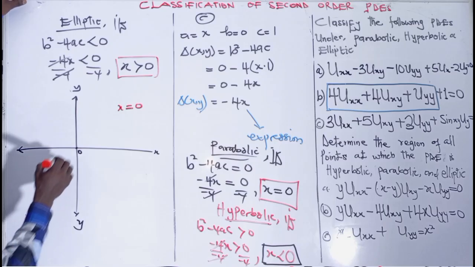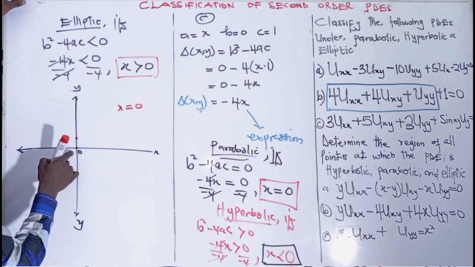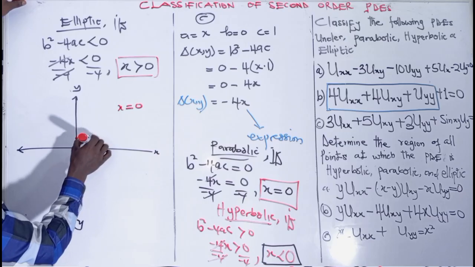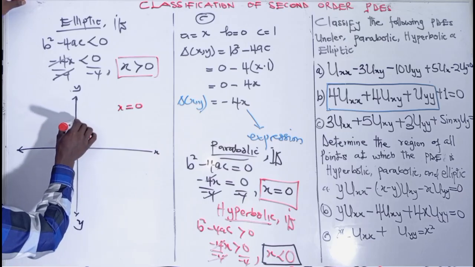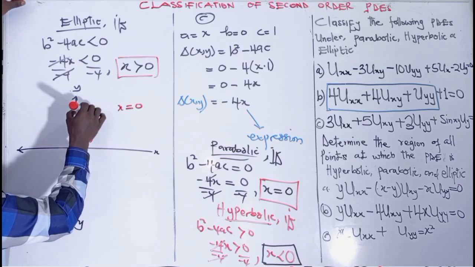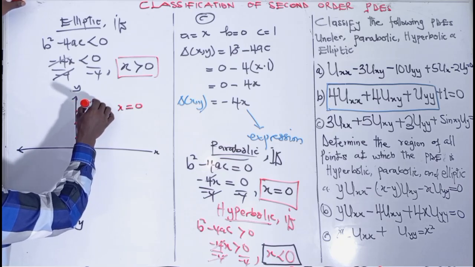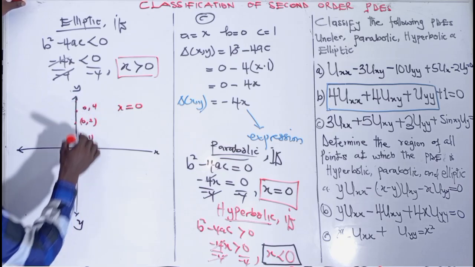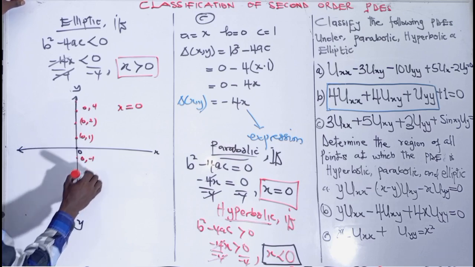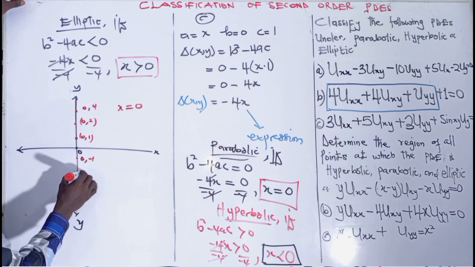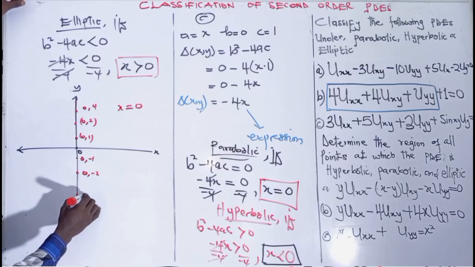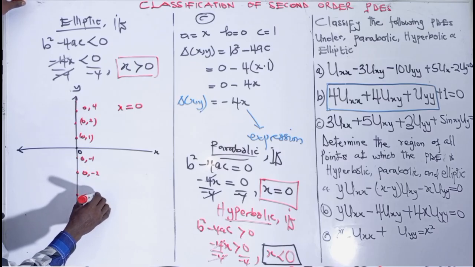When we pick a point here, we have 0, and then let's say 1. When we pick a point here, we have 0, and then 2. We pick a point here, we have 0, and then let's say 4, and so on. Picking points below, we get 0, -1, then 0, -2, then 0, -10.